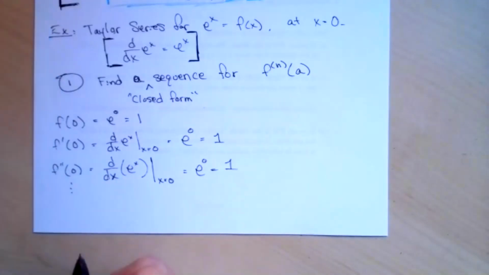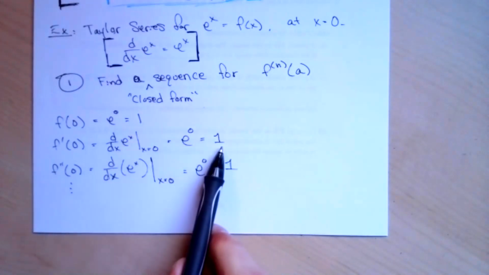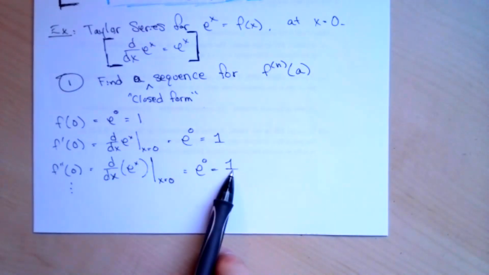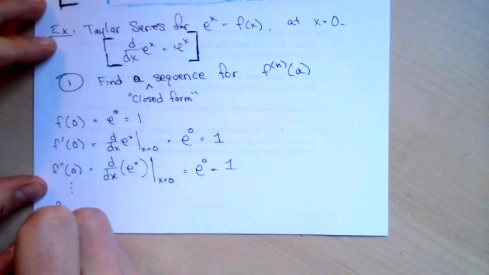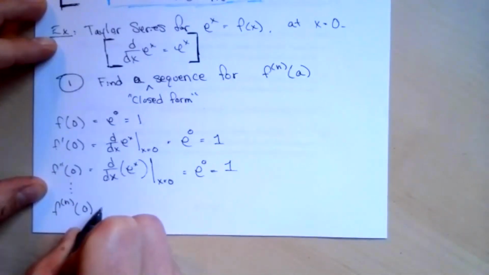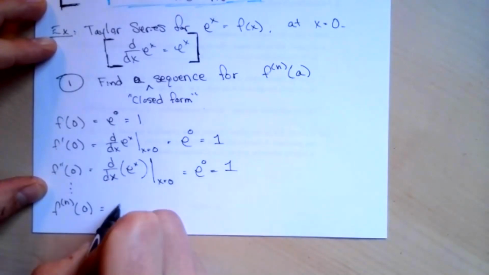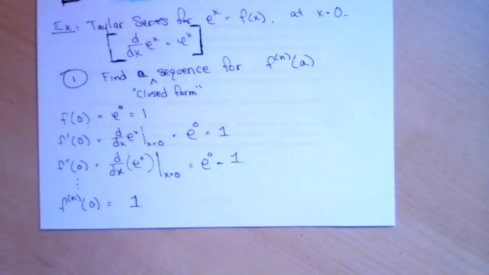And if we were to keep going, this is an easy sequence to generalize. What is our sequence so far? It's 1, 1, 1. What's the third derivative evaluated at 0 going to be? It'll be 1. And then no matter how many derivatives we take, we are going to get 1, since the nth derivative is going to be e to the x.